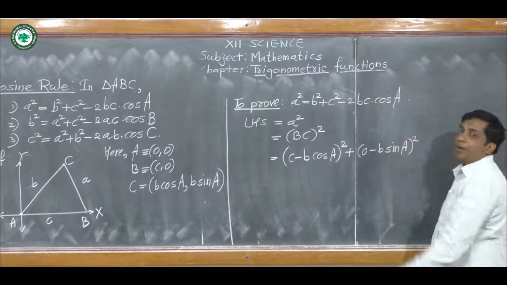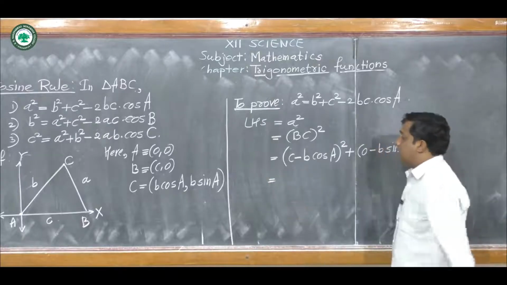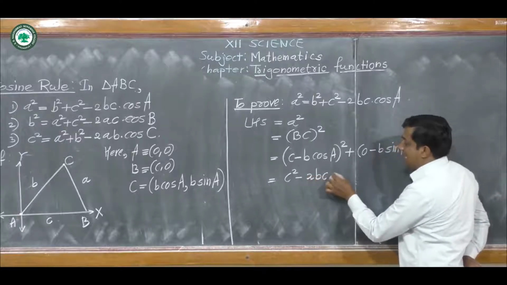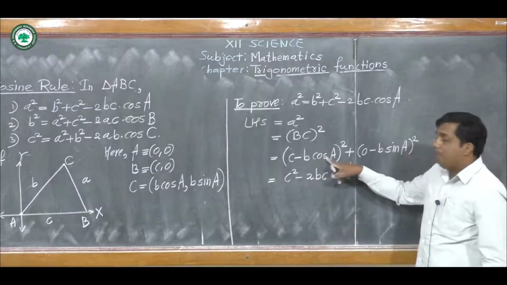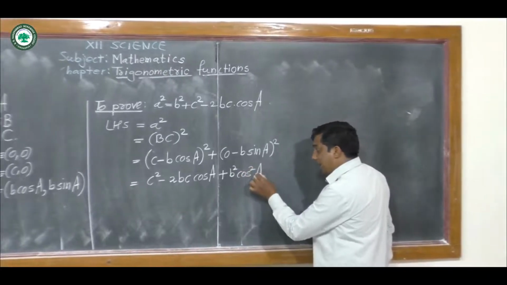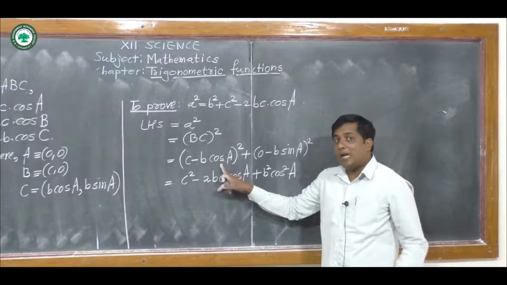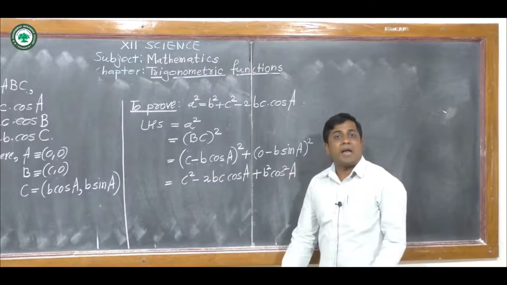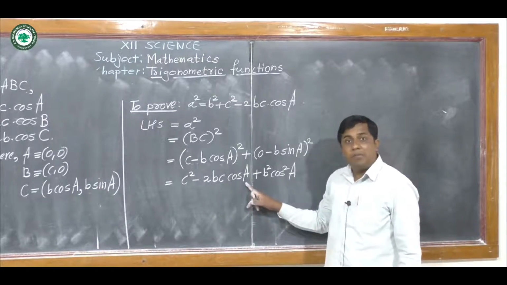Now we consider the expansion of these squares. I write this as c square minus 2 times bc cos A plus (b cos A) square, which is b square cos square A. Remember, (c minus b cos A) square is in the form (a minus b) square, and we know (a minus b) square is a square minus twice ab plus b square.